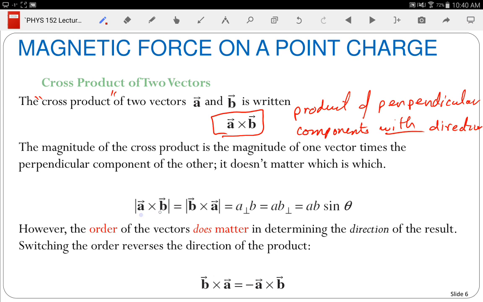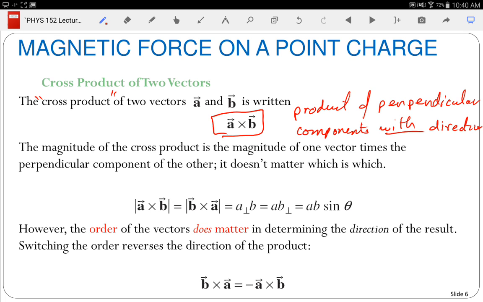If you do A cross B, the direction is the opposite from the direction if you did B cross A. So when you're doing cross products, you have to pay attention to which one's first and which one's second. It's not like multiplication where you can put them in either order. Order matters here.